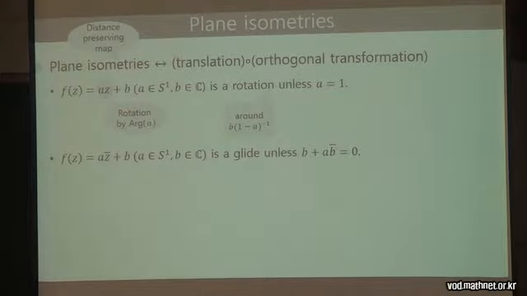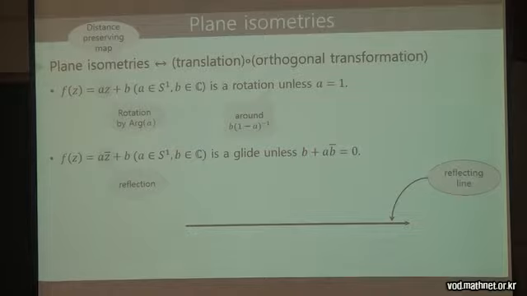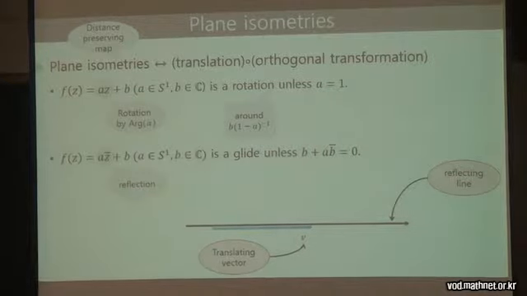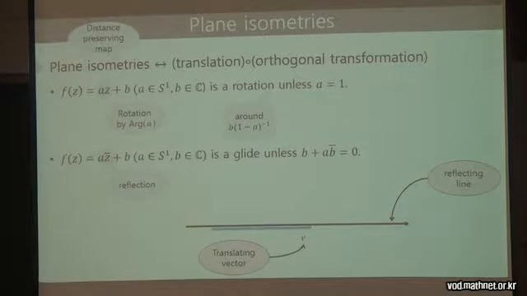So therefore, you're going to get what's called a glide. A glide has a gliding axis, which is a reflecting line, and a translating vector parallel to the reflecting line. You first reflect and then use the translating vector to move your points around.